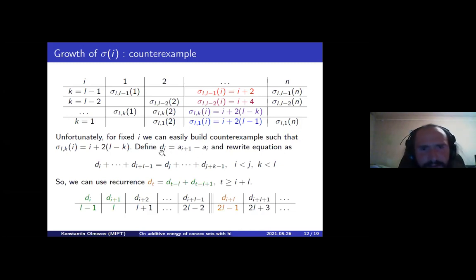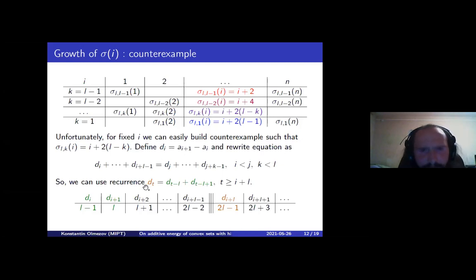Here we define an important notation. We write di to describe consecutive differences between elements of A, and we rewrite the equality to the form that we can see on the slide.